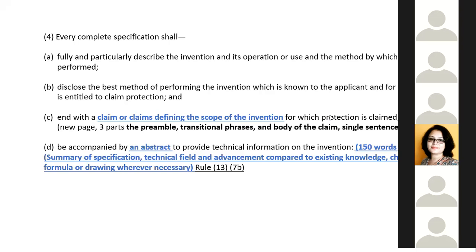The limitations which you mentioned about each section, will they be applicable for US and EP laws also, or is the 150 words for the abstract applicable only for Indian patent law? Only Indian patent law. We are talking about only Indian patent law. Correct.